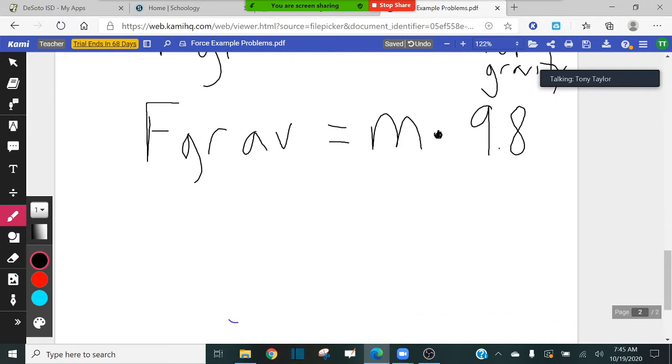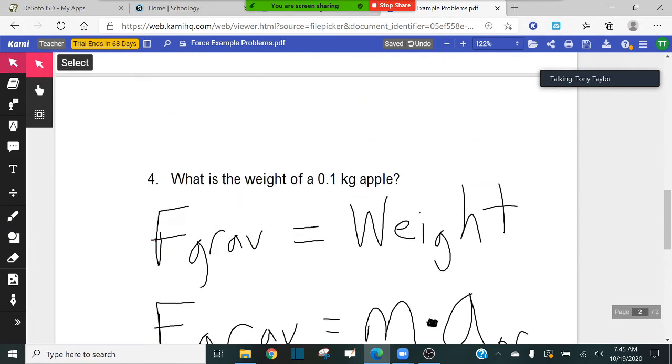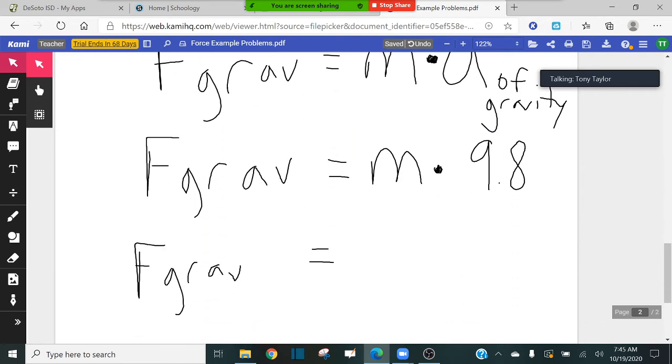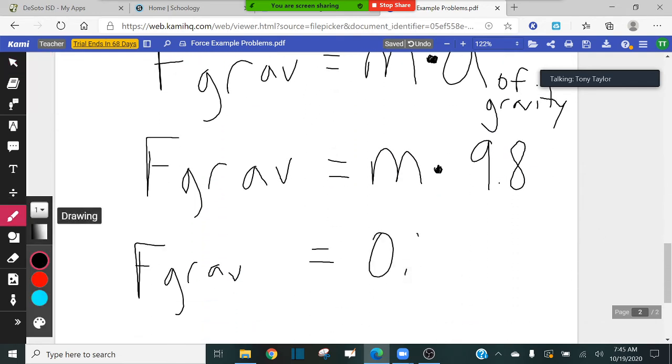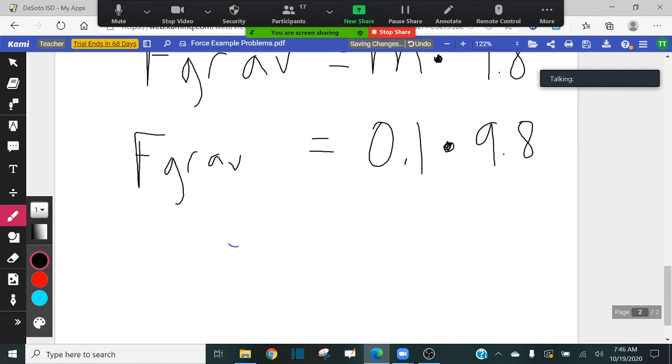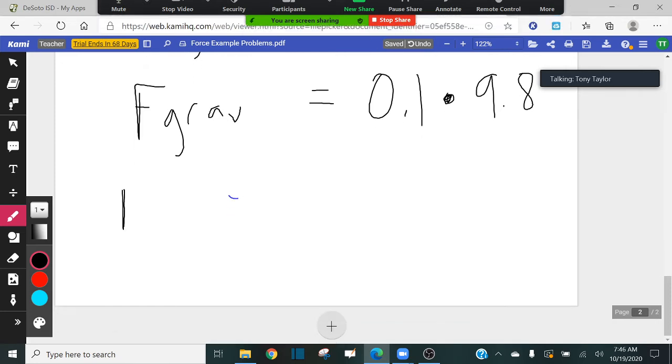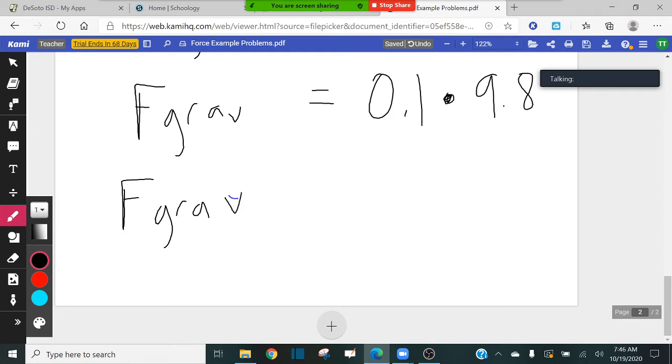So force of gravity is mass times 9.8. So if we have an apple that has a mass of 0.1 kilograms, basically we need to plug in 0.1 into this equation and multiply by 9.8. And of course, that will tell us the force of gravity pulling down on the apple, which is 0.1 times 9.8, which is 0.98 newtons.